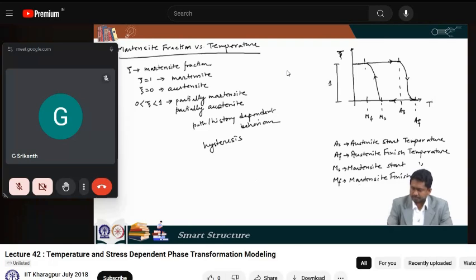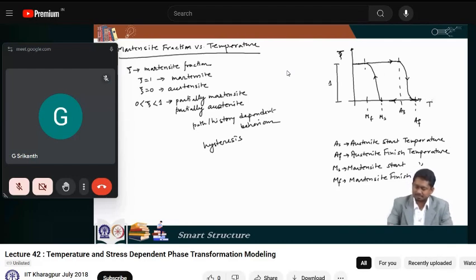Now we will try to fit some equation here, and again we can see that this part of the graph is just a constant. So here xi is independent of temperature till AS. In this part of the graph, again it is constant, xi is equal to 0, that is at MS and beyond.